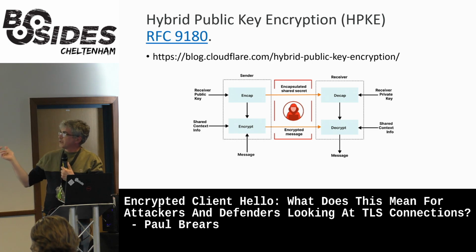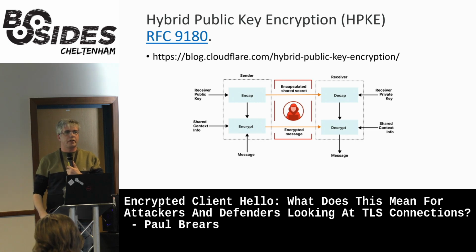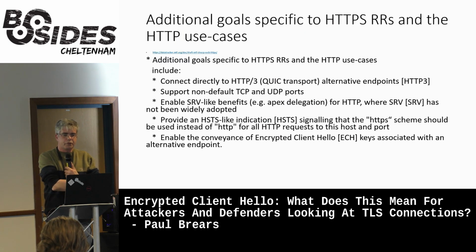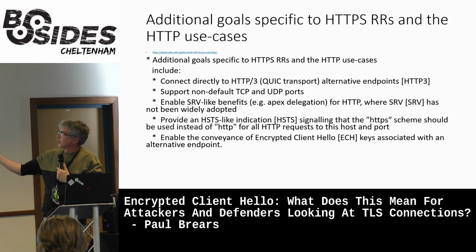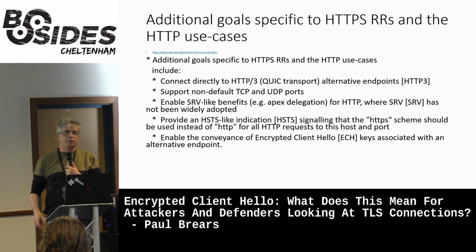And this is not just used for exchanging ECH. It's intended as an all-purpose tool, but this is one of the first applications of it. There are some other goals they're intending to do with this new flag, and one of them is to be able to do the ECH bits, but also enable people to go directly to HTTP3 if the backend supports it, without having to guess, without having to probe it and then see.